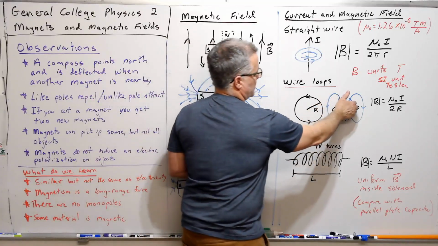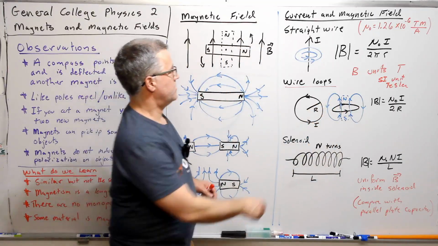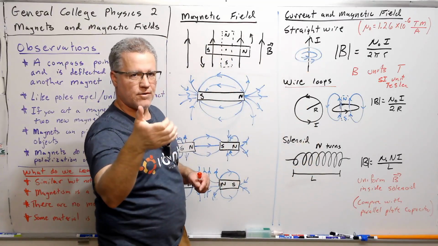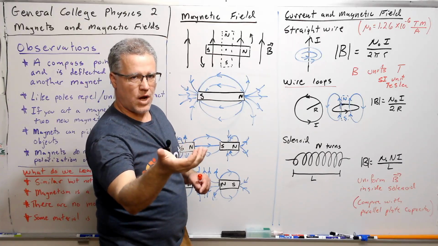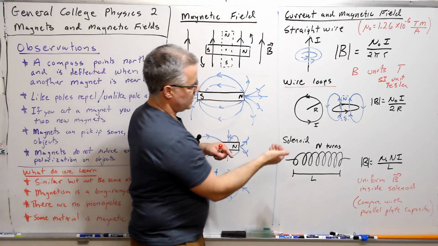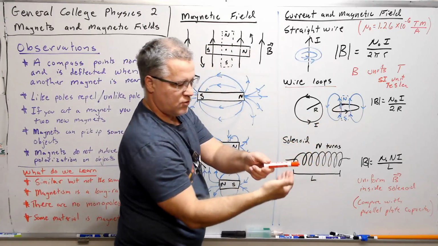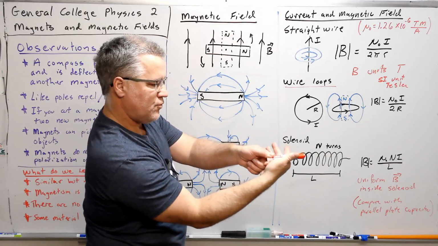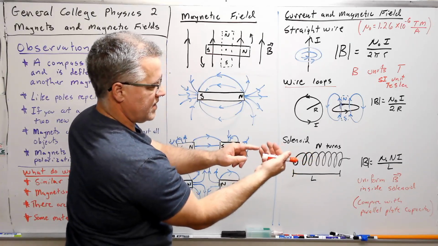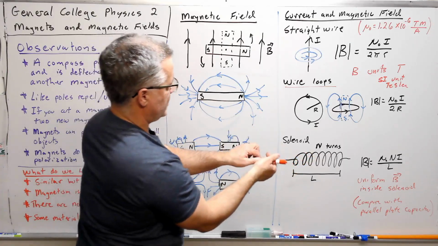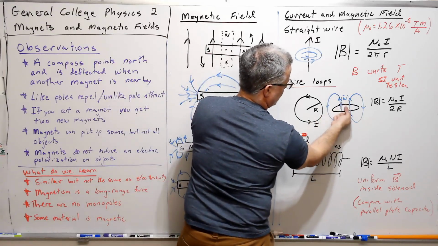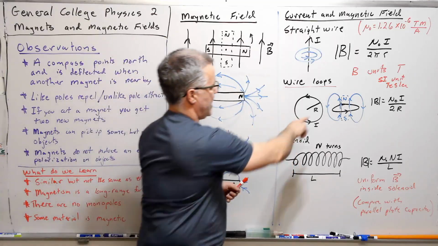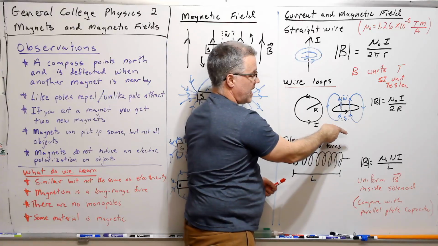Okay. All right. Let's make sure that's consistent with this rule. So now we're going to take our thumb and put it in the direction of the current. So let's imagine grabbing this loop right in the part that's most facing the camera here. So I'm going to put my thumb like this, and now my fingers will curl up. So we see the north being on the interior of the loop, and then they'll come around, and on the exterior of the loop, they'd be looping down to this side.